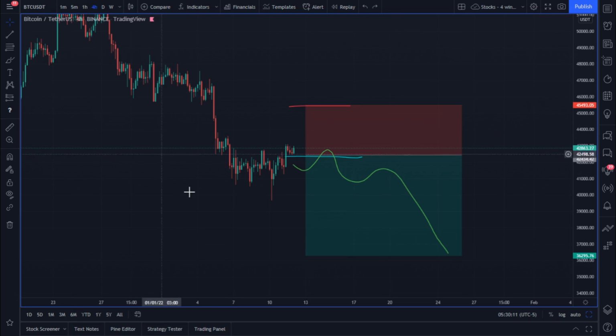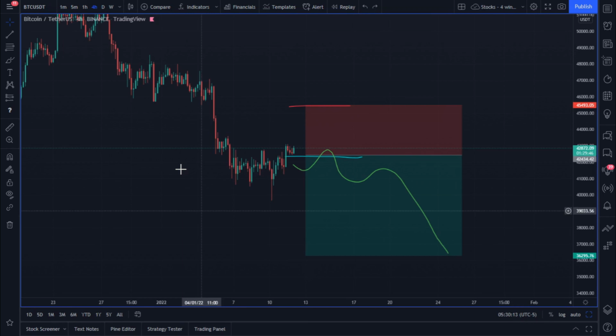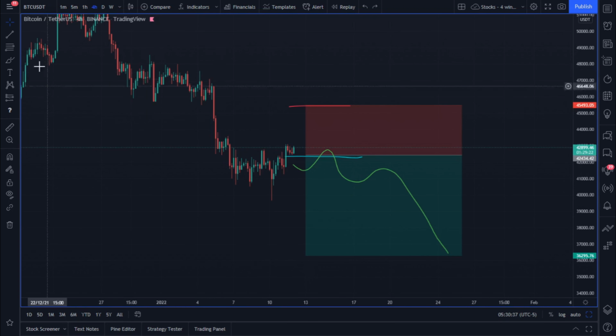Entry price now is 42,434. Stop price is 45,493. Leverage is at 1 again. So once again, we get our lot size in order to risk $50 in this gap.